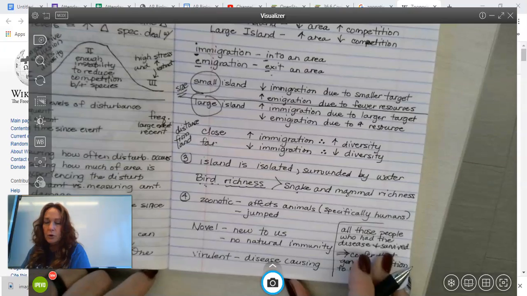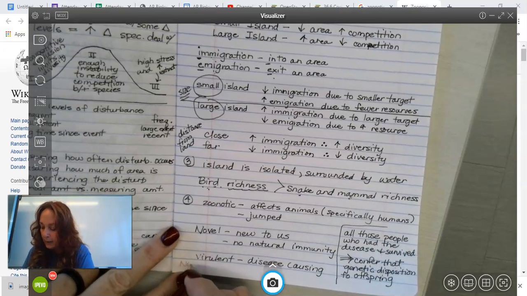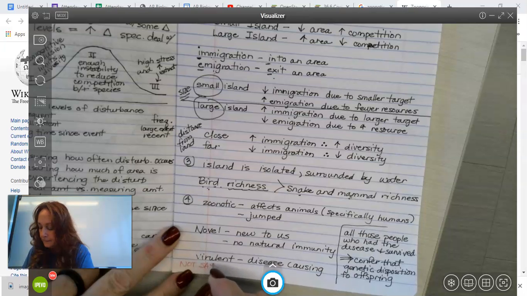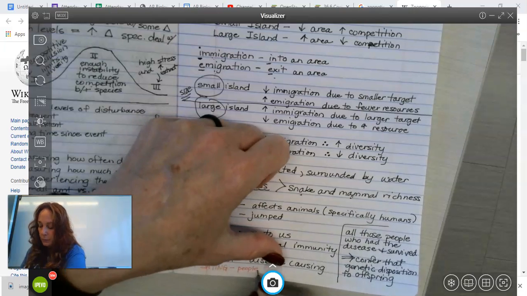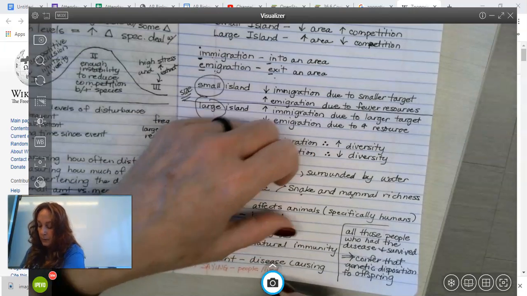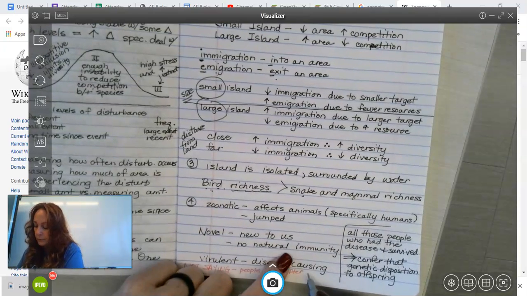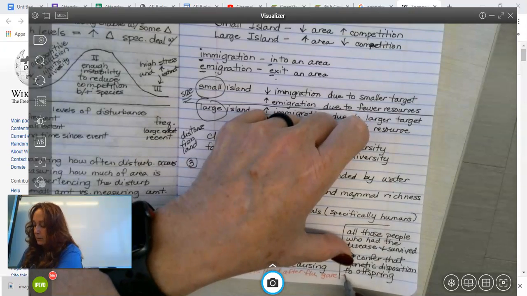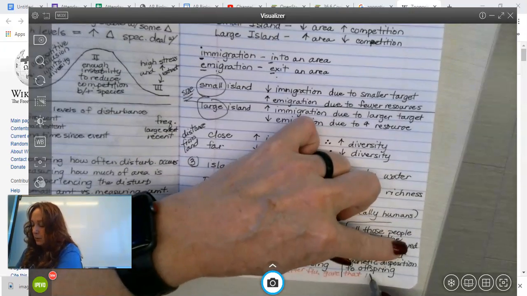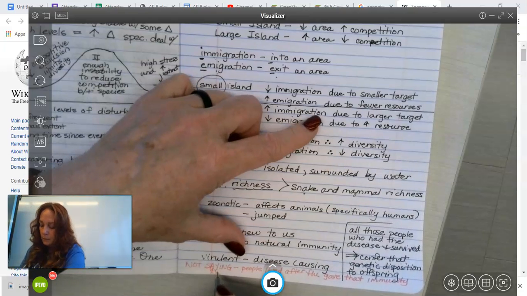So let's put a little note down here, and I'm going to put it in red. I am not saying that the people who lived after the flu gave that immunity to their offspring.